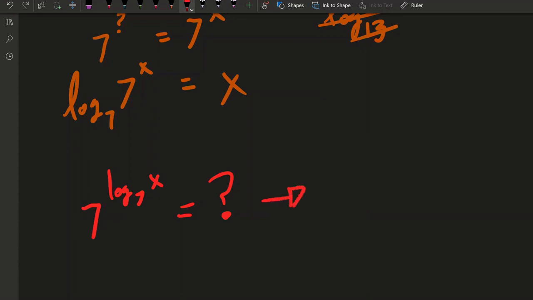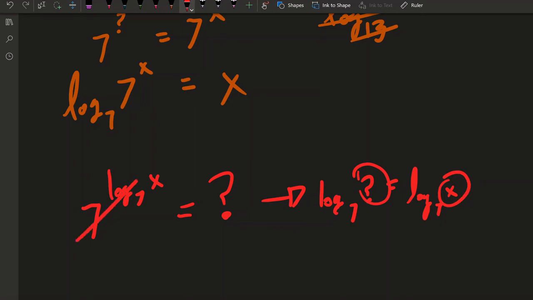Rewriting that as a logarithm, I can say log base 7 of something is equal to log base 7 of x. So therefore, the something has to be x. Now that I've shown that, I can just cross these off and say the answer is x.